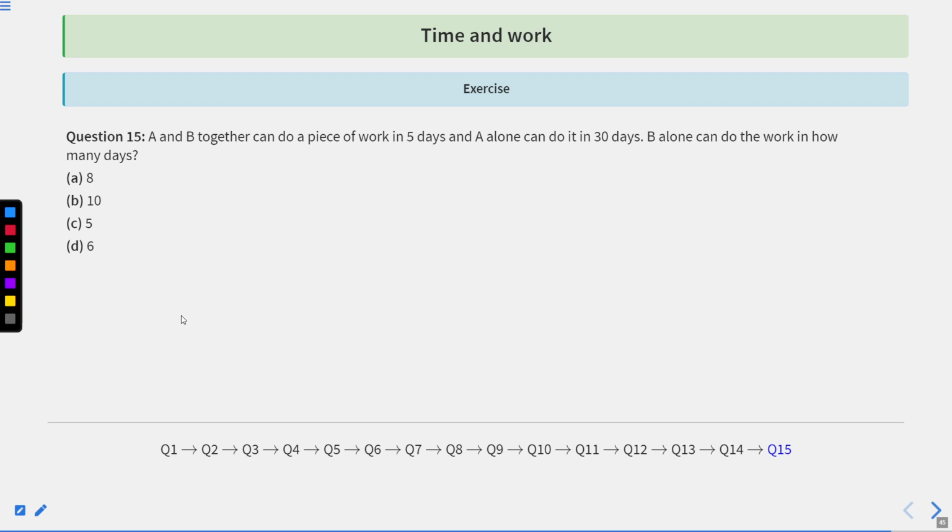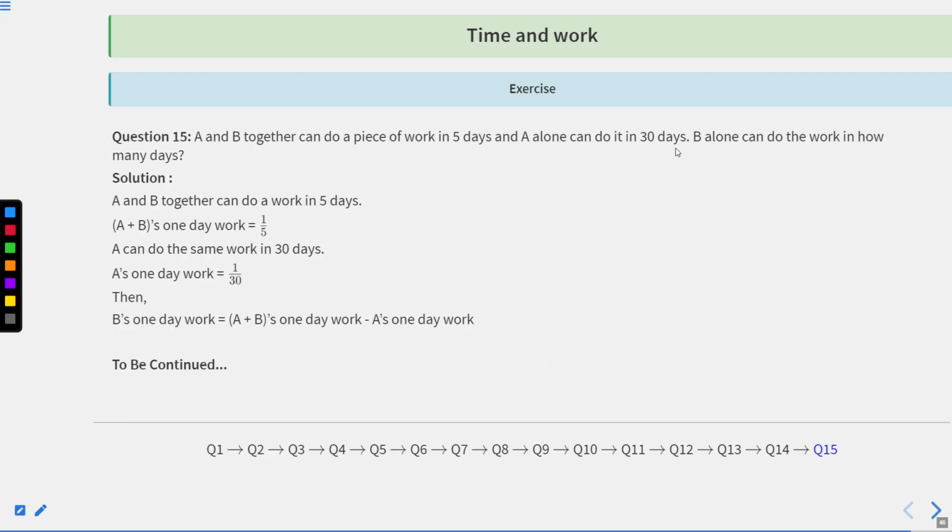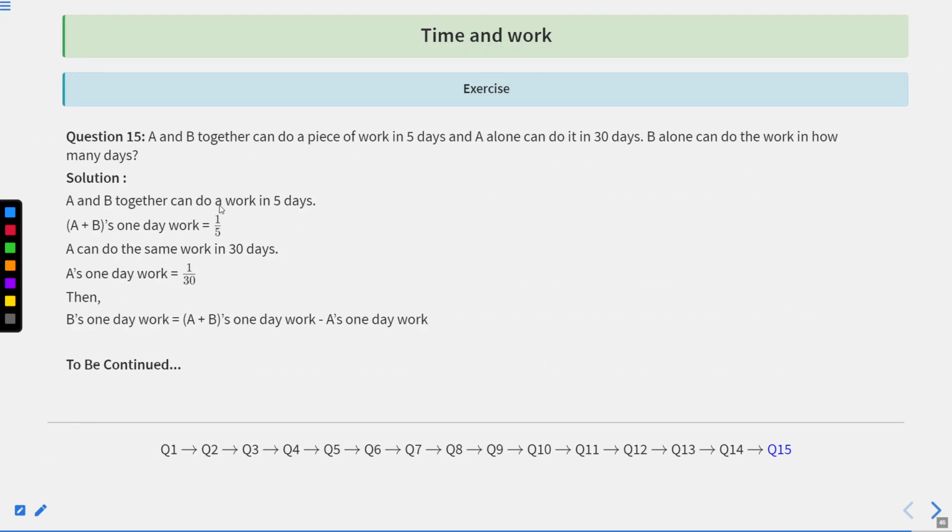Now, question number 15. A and B together can do a piece of work in 5 days and A can alone do it in 30 days. B alone can do the work in how many days? So A and B together can do it in 5 days. So A plus B's 1 day work is 1 upon 5 and A can do the same work in 30 days.